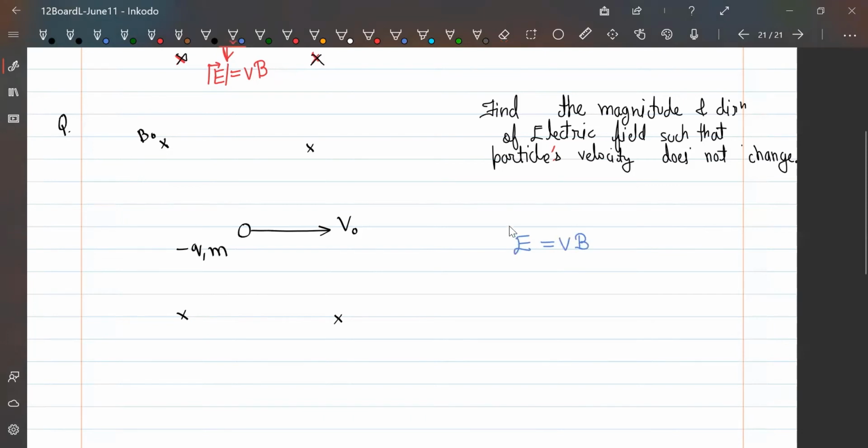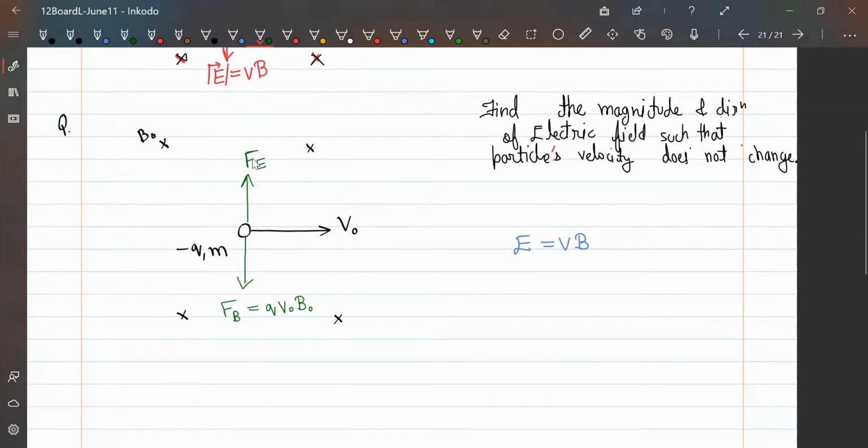Upwards. Achha, what is the direction of the magnetic force? q v cross B. That will be coming in the downward direction. This is the magnetic force equal to q v naught B naught. So this is a negative charge. I want the electric force in the upward direction.